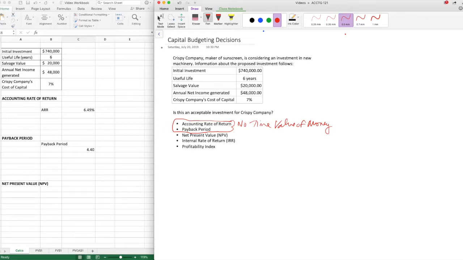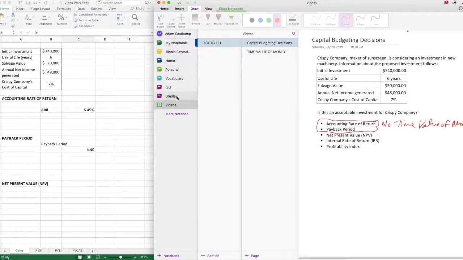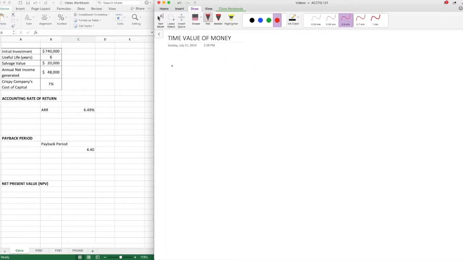So I've got another page here where I want to go through and discuss this concept. If somebody invests money today, say they invest $10 at an interest rate, we'll just say 4%, that money is going to grow over 4 years.